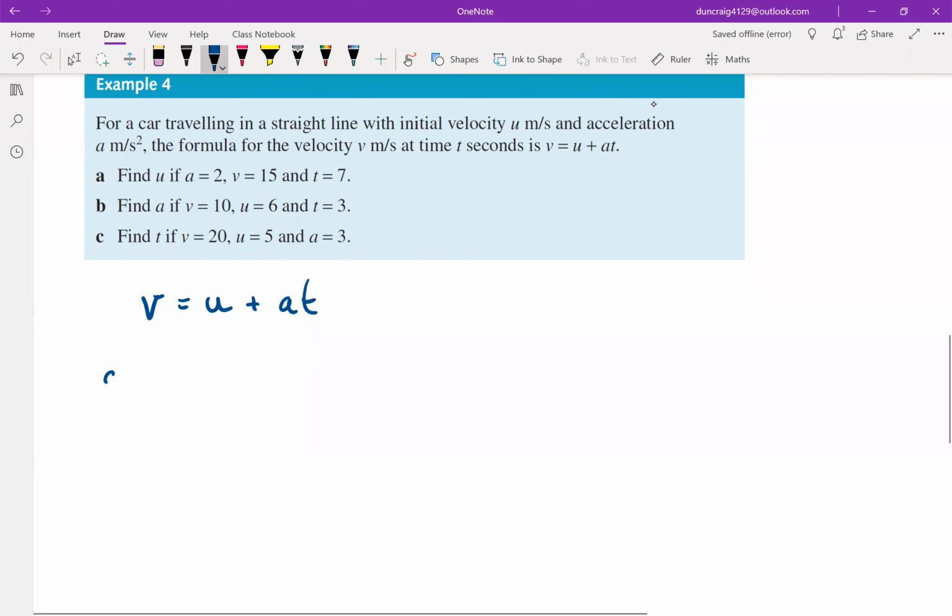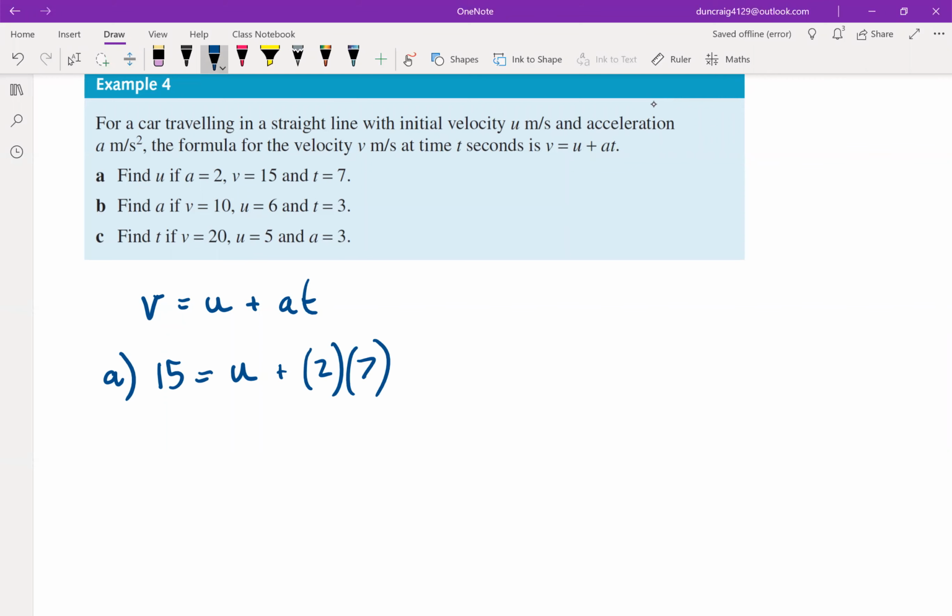For part A, I'm going to put in the values that I know. We're going to find u if a is equal to 2, v is 15. So 15, that's my v, is equal to u, that's what we want to find, plus at, so that's 2 times 7.